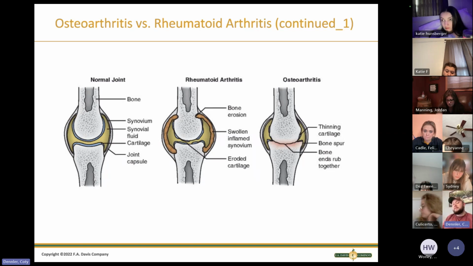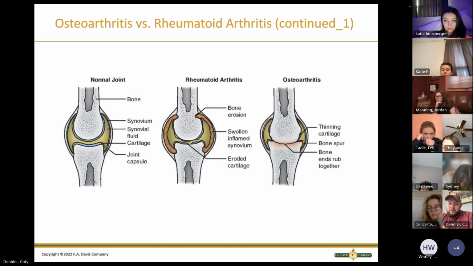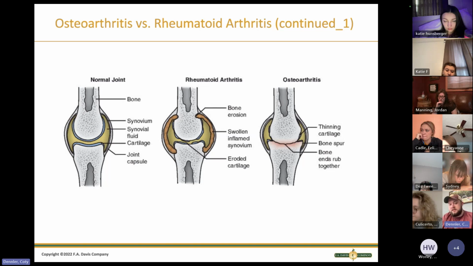Now, on the flip side of that, osteoarthritis, this is where that cartilage is thinning. This is that wear and tear. So eventually it just gets closer and closer and closer together until there's bone on bone and it's rubbing against each other. This causes bone spurs, or like spiky ends on the bone, and that is super painful. Okay? So wear and tear arthritis is osteoarthritis.